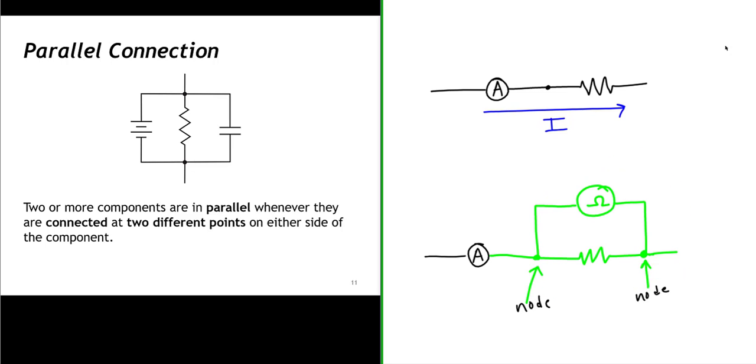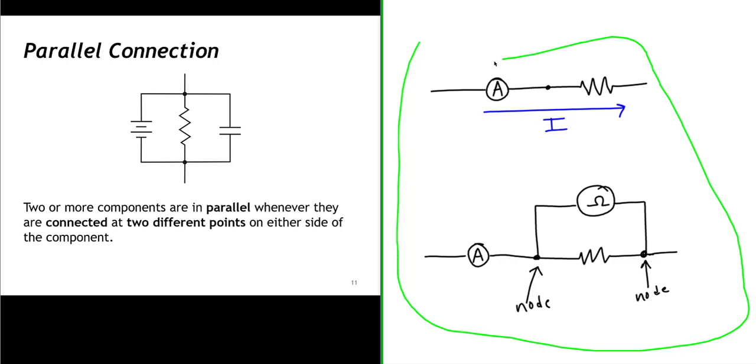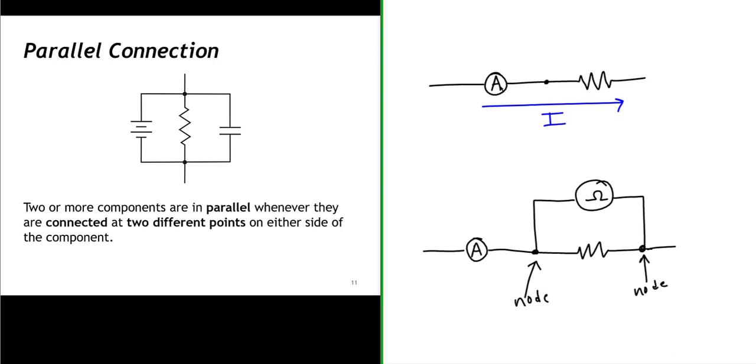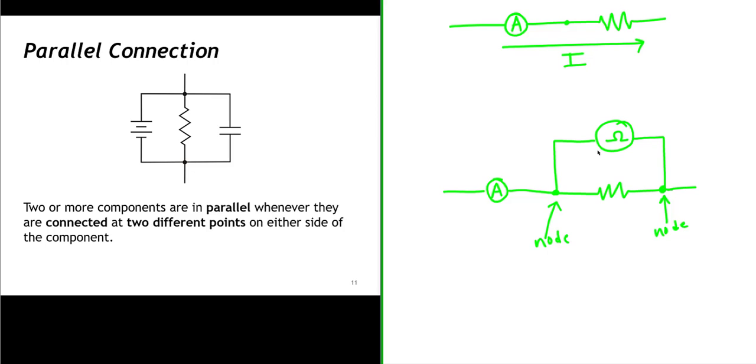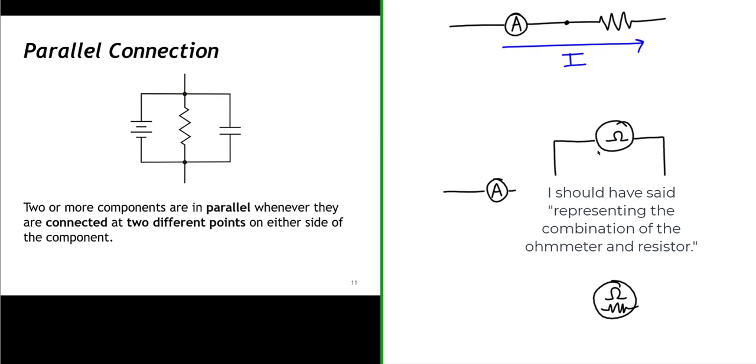the resistor. Because that combination, notice, let's go ahead and replace that combination with maybe a single representative diagram. So I'm going to move this up a little bit, and I am going to replace that ohm meter resistor combination just with a single component, and I'll just indicate this is Ω R, representing our combination of ohm meter and resistor.